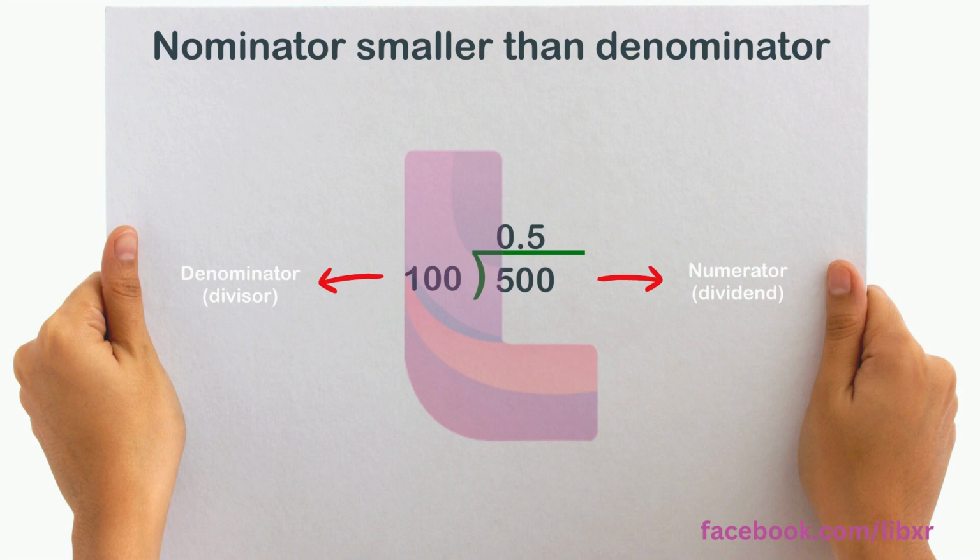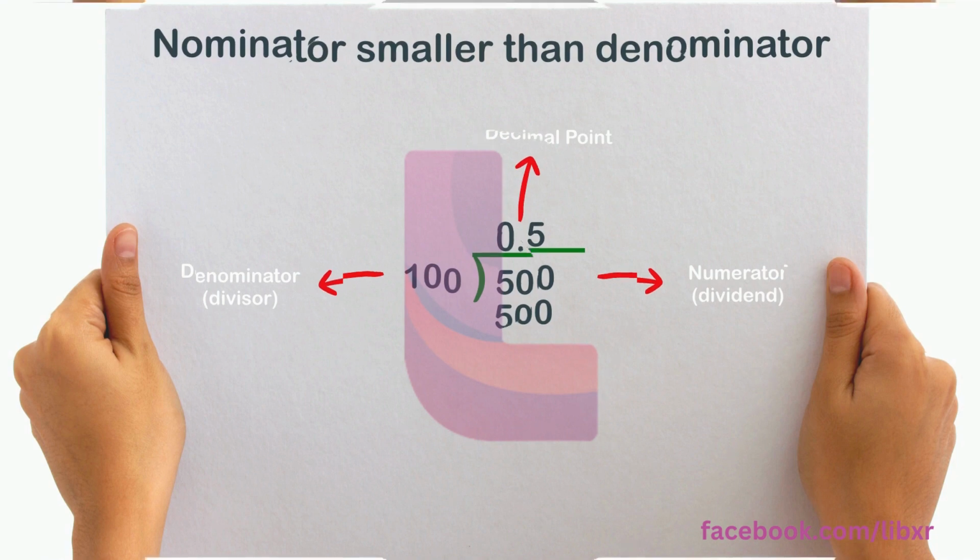Then we count the number of zeros in the denominator and put a decimal point in the number in such a way that the decimal places are equal to the number of zeros.